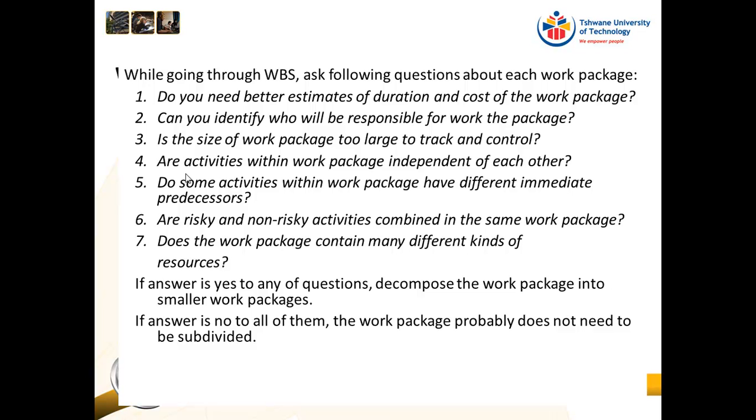So it's better to take that activity and break it down into smaller units, so that it's easier to track and control. Now, the rule of thumb in project management is that we normally break work packages down to about 80 hours. Sometimes we'll have smaller work packages and sometimes bigger, but that is the rule of thumb.